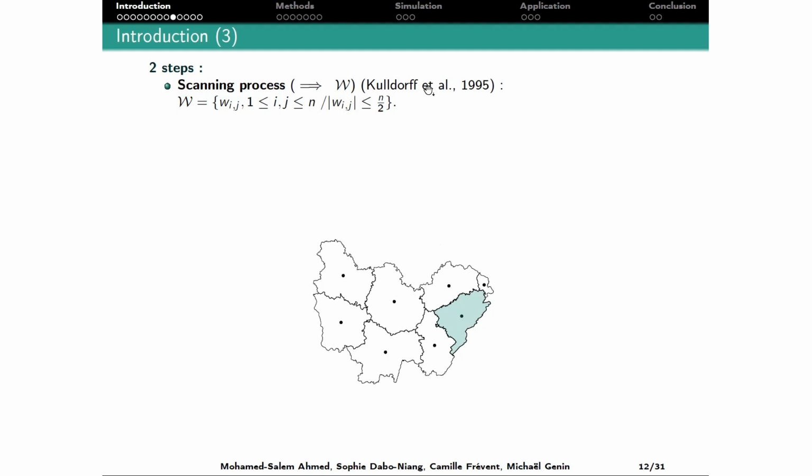So scan statistics is very famous since the seminal work of Kulldorff and his daughter. So first of all, we have to scan all the region. We have to find all the spatial locations or subdivisions where the variable we are interested in has higher or lower values, abnormal values, or extreme if you want.